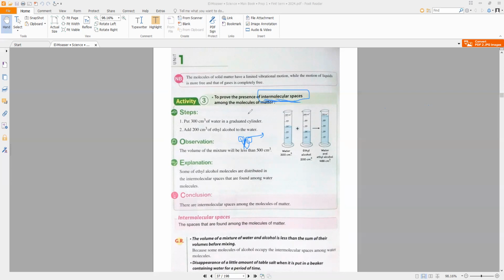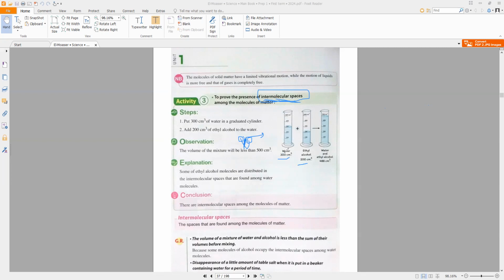How do we prove that there are intermolecular spaces between the molecules of matter? If you have 300 cubic centimeters of water and 200 cubic centimeters of ethyl alcohol, before mixing I want to calculate the volume of the water plus the ethyl alcohol.